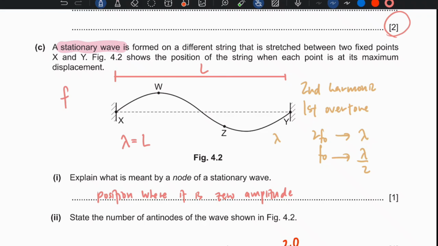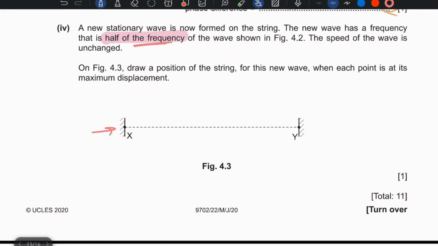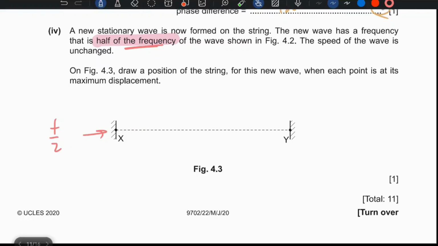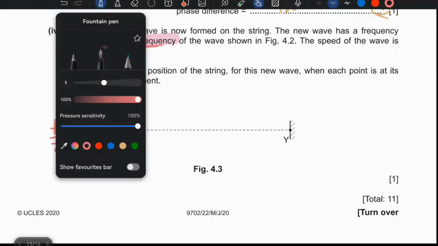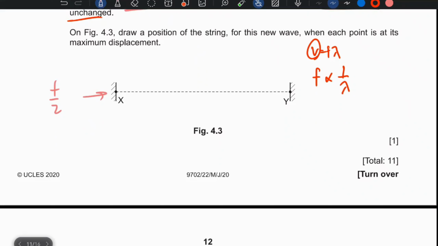Okay. Now, in Roman 4, they say that this new wave has half the frequency. So the wave in figure 4.3 will have half the frequency. Now, using the formula v equals f lambda, given the fact that the speed of the wave is unchanged, we can say that f is inversely proportional to lambda. So let's use the ratio method.